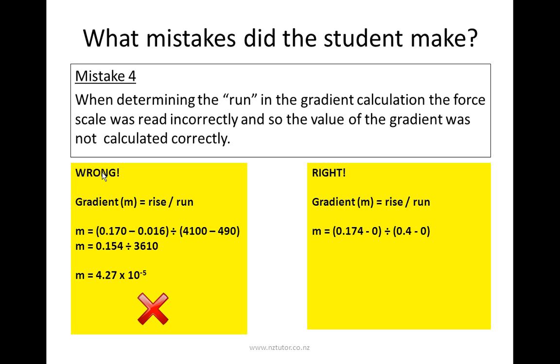The rise is 0.174 minus 0 divided by the run of 0.4 minus 0, which works out to be a gradient of 0.44 when rounded off to 2 decimal places, which is very different to the gradient that the student calculated for a couple of reasons, but mainly because I used the correctly calculated force values there.